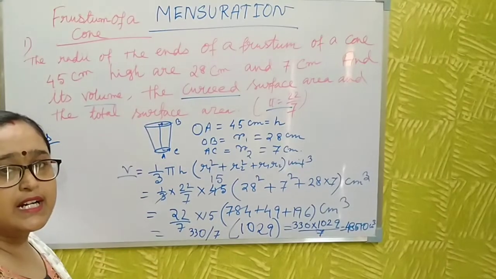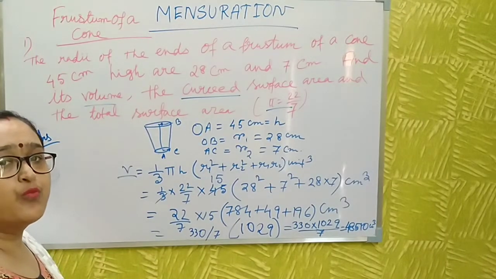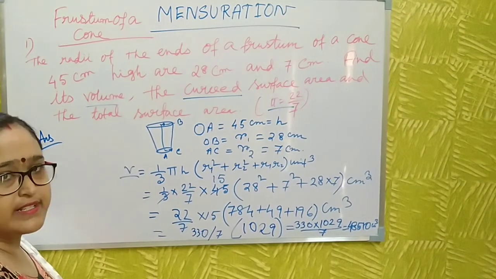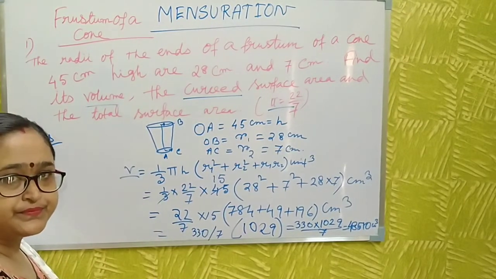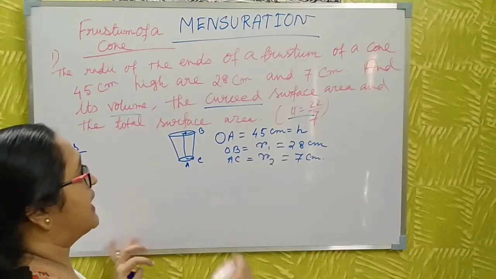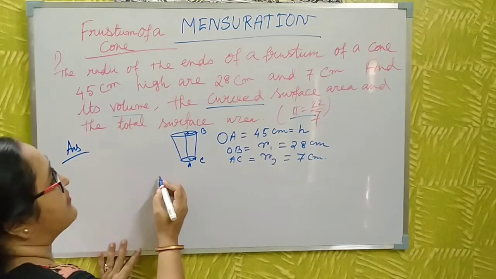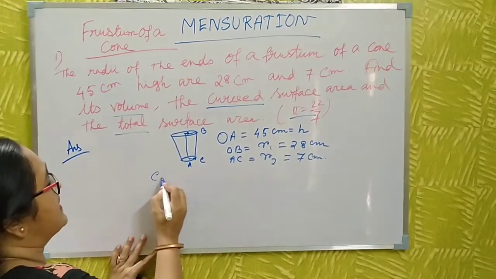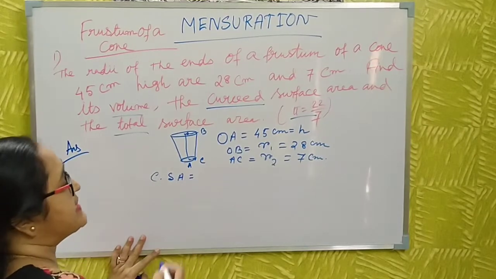Now I discuss the curved surface area. Before I start the curved surface area, you pause the video and write all these things. Okay, now I calculate the curved surface area and also find the total surface area. What is CSA?